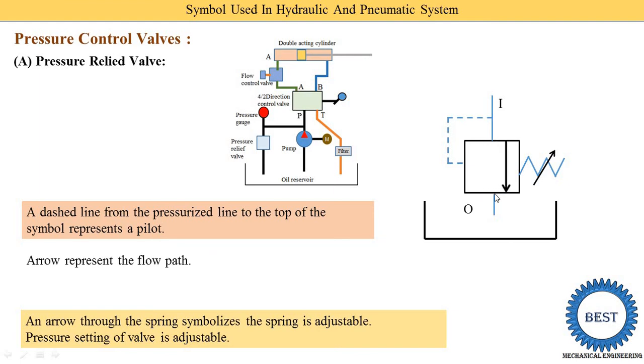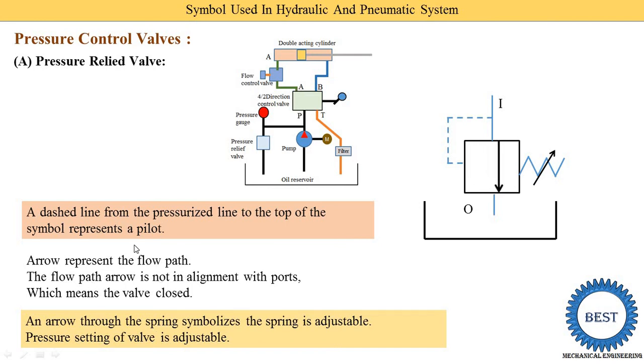Now this moving arrow represents the flow path. Suppose it is here, then no fluid is supplied on this left side. When it is on the right side of this input and output pipe, then the flow is supplied from this to this outlet portion. When the flow path arrow is not in alignment with the ports, meaning not in line with this input and output pipe, at that time the valve is closed.